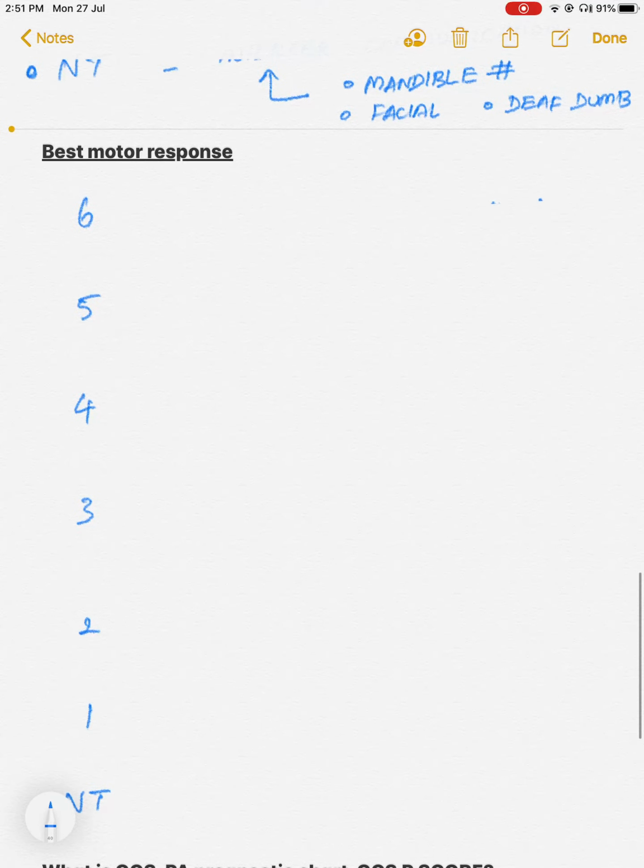Now coming to the best motor response, the maximal score is 6, which means the patient is obeying commands. Obeying a 2-part command is going to be 6. For 5, the patient will localize pain.